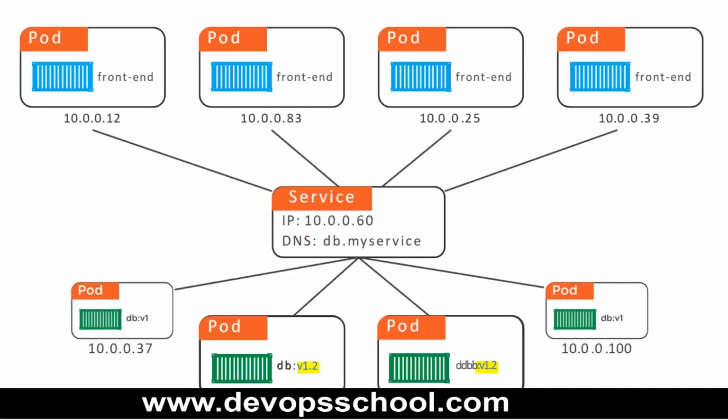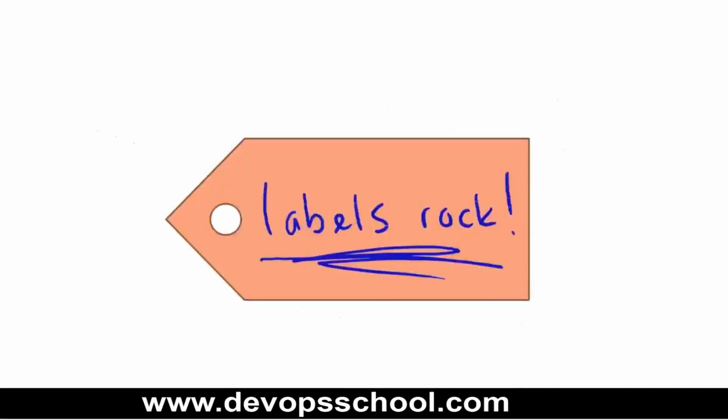This is not good, right? So how can we solve this problem? How can we instruct the service to drive traffic only to V1.2 or V1 based upon the requirement?